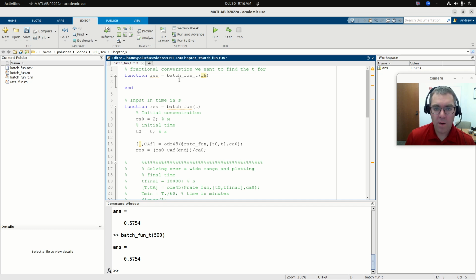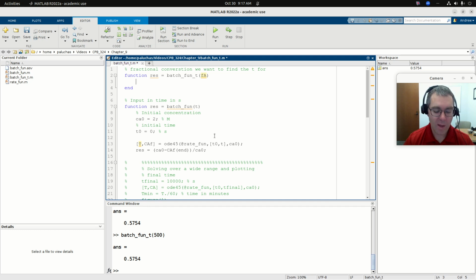Okay. All right. So I have batch fun, where if I pass to it a value of t, it's going to return the fractional conversion at that t. So I'm going to solve for that corresponding t using fzero. Okay. So just like we did in class. Now, fzero requires an error function so that when I find the value of t, my error function returns a value of 0.